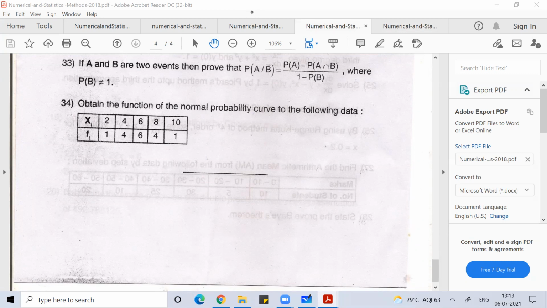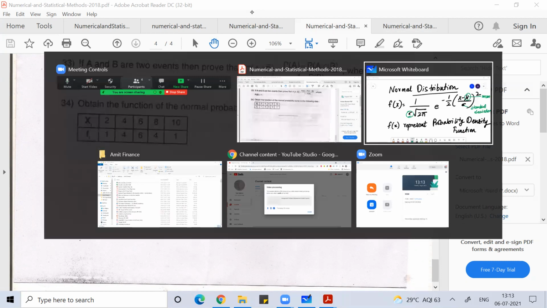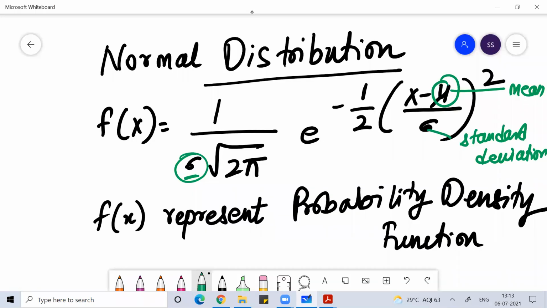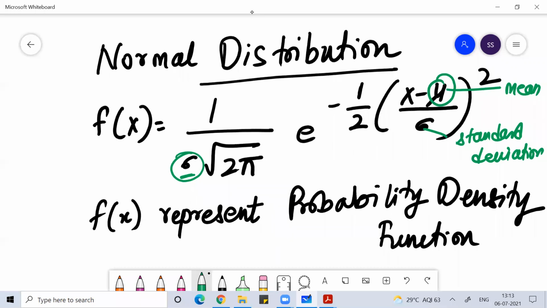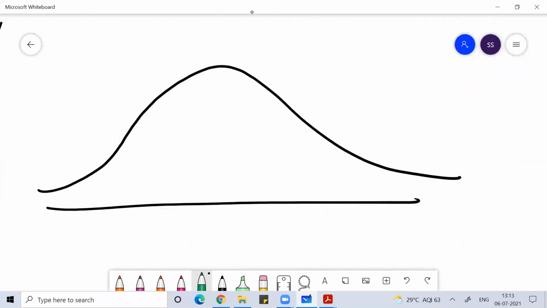You put those values into this equation, and this will give you the normal distribution curve equation. Clear, everyone?